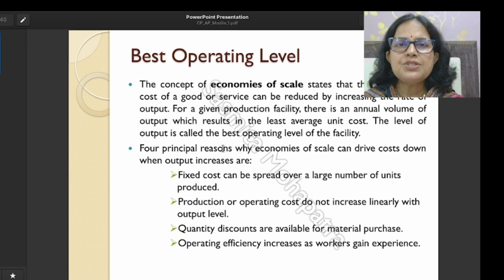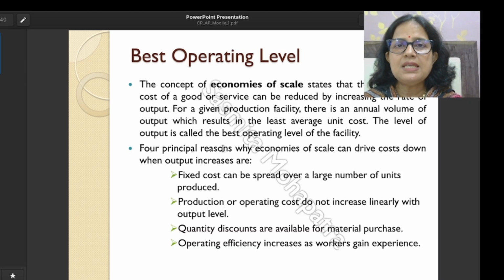Then production or operating cost doesn't increase linearly. Quantity discount we get when we purchase materials on a mass scale. As we produce in a large amount, we also purchase raw materials in large amounts, so we get some discount.